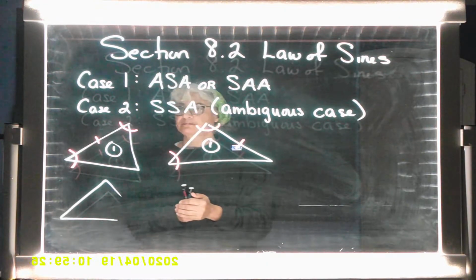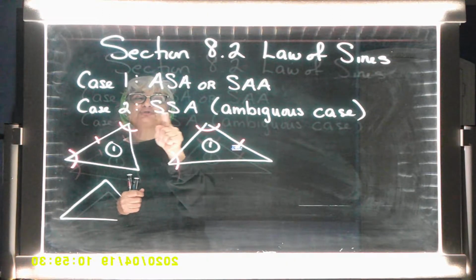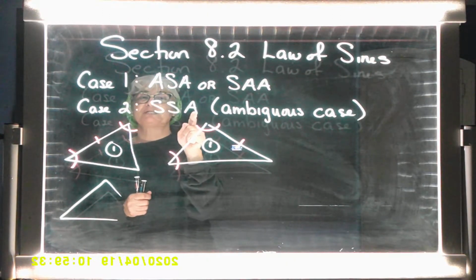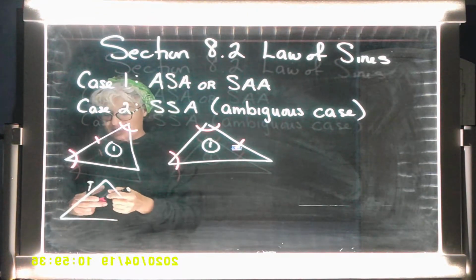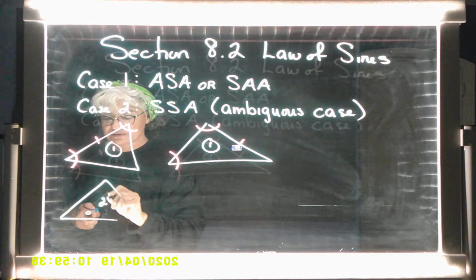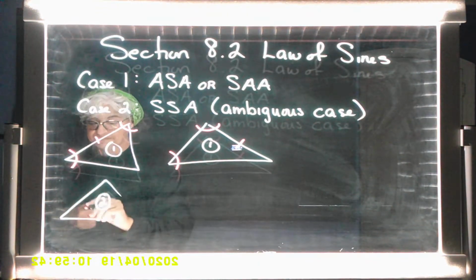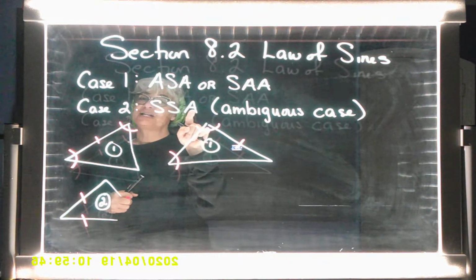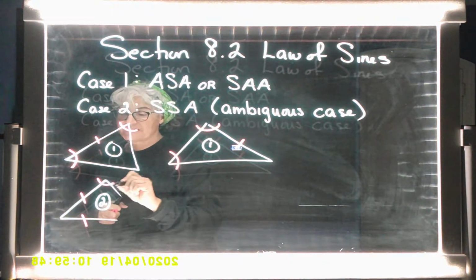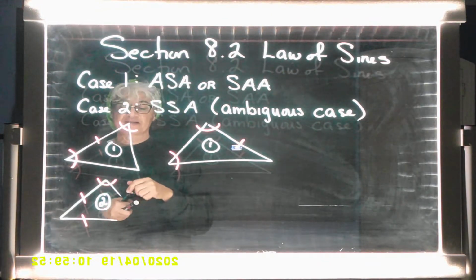Okay. The second case is if I know 2 sides and the measurement of an angle, but notice the angle's not in between, right? So here is case 2. If I know the measurement of 2 sides and I know the measurement of the angle not in between those 2 sides, say this angle, then I'm allowed to use the law of sines.